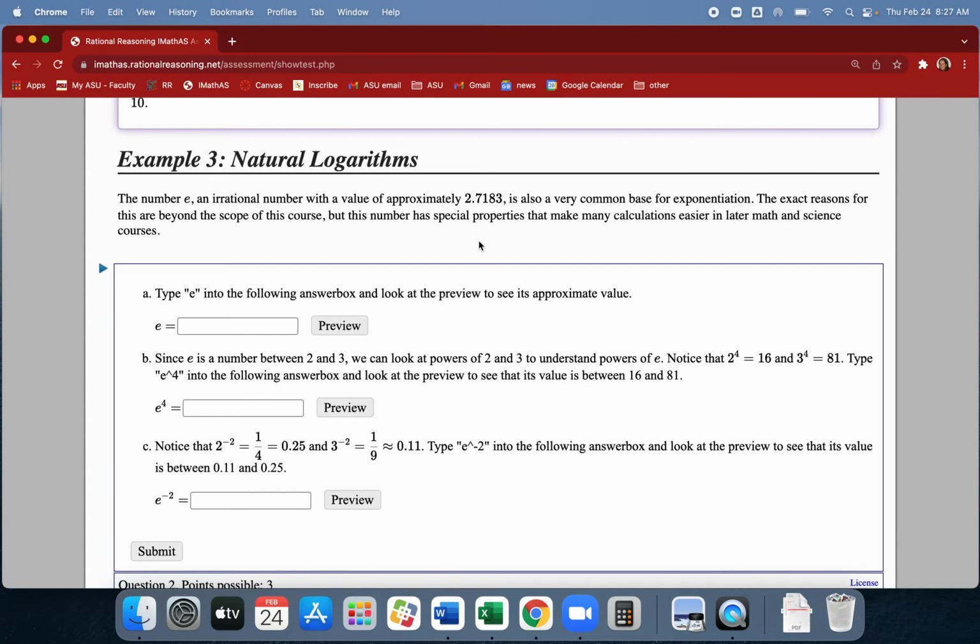And e is what happens if you take 1 plus 1 over x and raise it to the x power, and you make x larger and larger and larger. I'll say as x gets closer and closer to infinity.